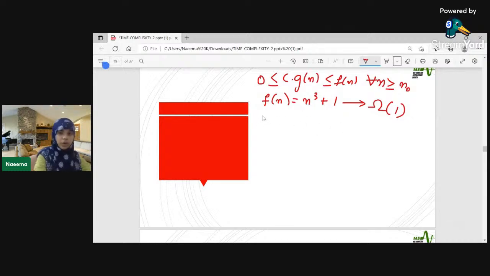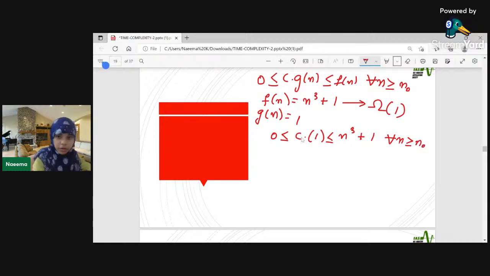Let me show you how. Let's also take g(n) as 1. So the equation would now be 0 less than or equal to c g(n). g(n) is 1, so I write 1 here. And f(n) is n cube plus 1 for all n greater than or equal to n naught.